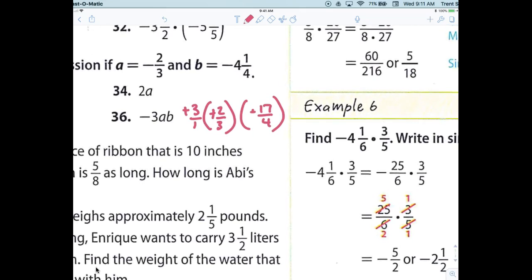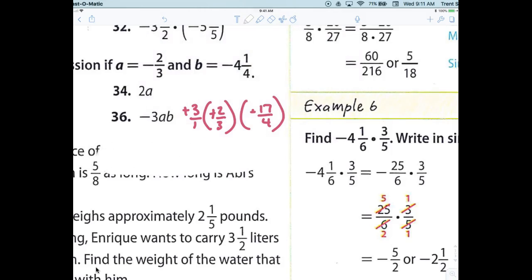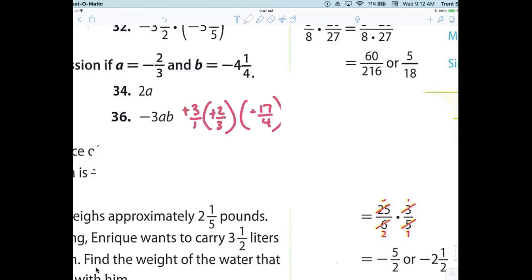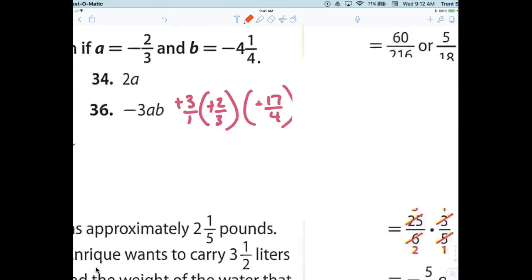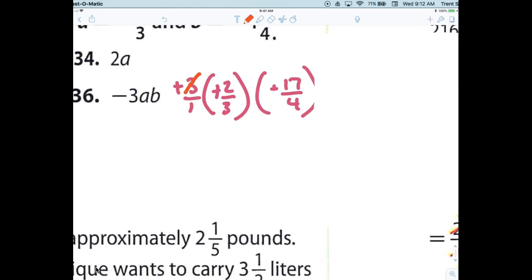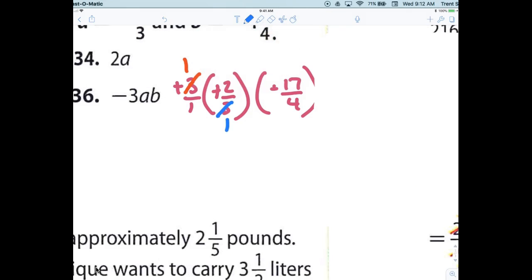Now, what I want to do for you is make a little bit of room right here for you. Again, when you're working these problems, 3 goes into 3 once. 3 goes into 3 once. 2 goes into 2 once. 2 goes into 4 twice.